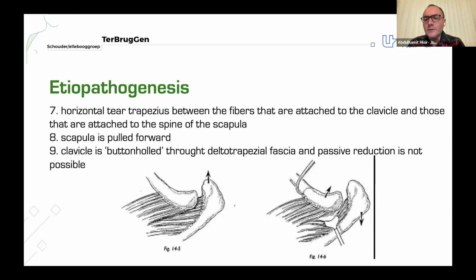Otherwise, I would not restrict anything. I would not even restrict overhead motion. Maybe it will be painful and they will not do it, but that's because it's painful for them. It's not because there is a risk of extra lesions or something like that. So I would say, try whatever you want. If it's comfortable, you can do it. If it's not comfortable, you will not do it.